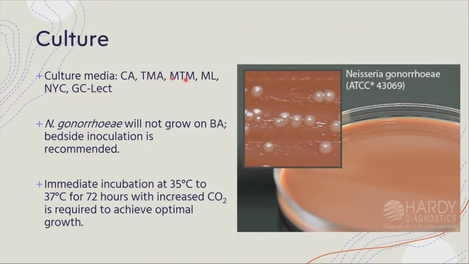Okay? So itong apat na to, sila yung based dun sa lysed blood. Okay? Kaya ang kulay nilang apat ay brown. And for NYC and G-Select, they are clear culture media for Neisseria.